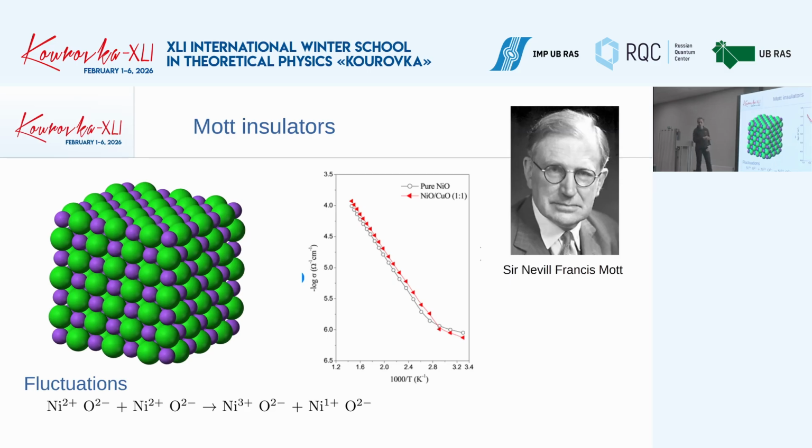But experimentally, there is no period doubling. There are no signatures of ordering. So what Mott proposed, he said in words, is that this must happen dynamically. What would we say now? This happens because of some fluctuations. So please remember, Mott means fluctuations.